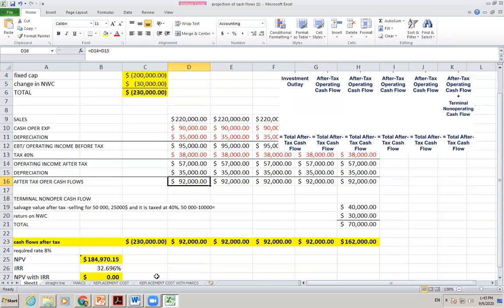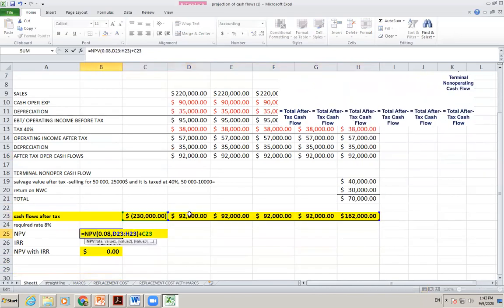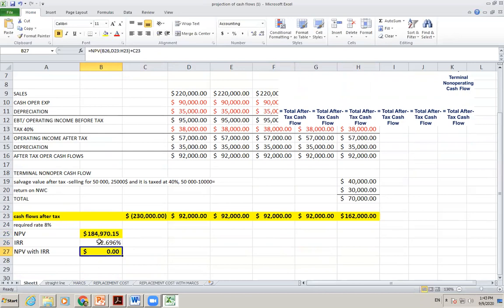Then you just drag everything here, and this is your cash flow projection. You calculate your NPV based on these cash flow projections, calculate IRR based on it, and the payback rule, PI, and so on. But this terminal non-operating cash flow is important as well.